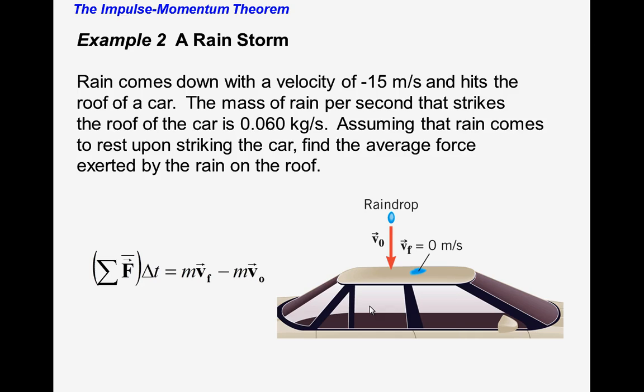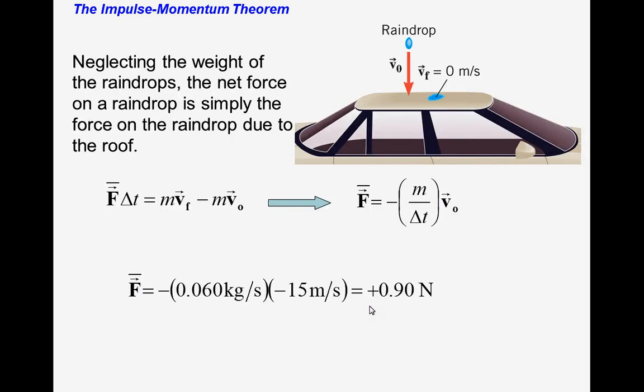Alright, so what we're doing, our force, which is acting for some amount of time, is going to change the momentum of the raindrop. We don't necessarily have the mass of each individual raindrop, but we do have that it's 0.06 kilograms per second. So we have a way to get to it here.